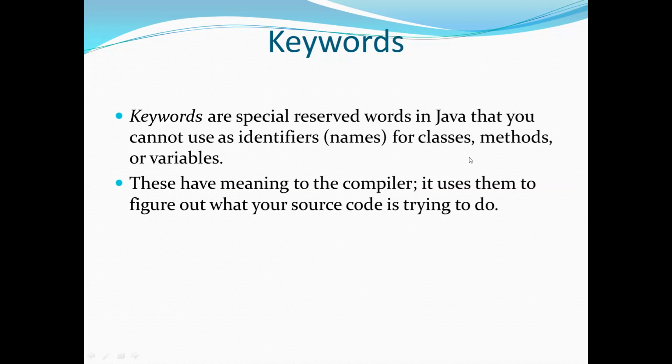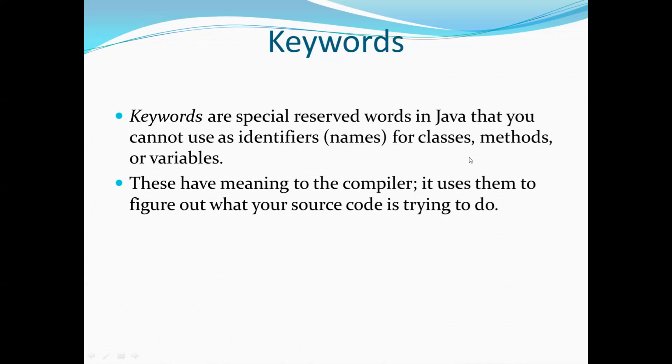Identifier means the name you put for a class, the name you put for methods, and the name you put for variables. As you define classes, methods, or variables in your coding, those names should not be keywords. Why shouldn't we use keywords as class, method, and variable names?